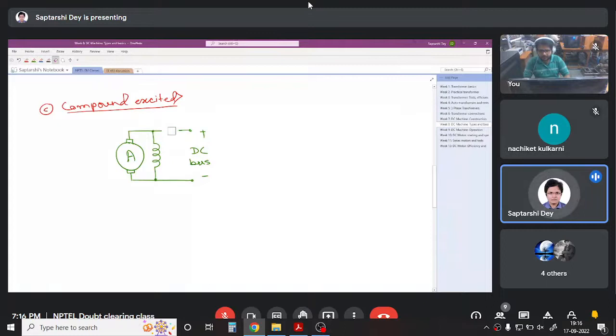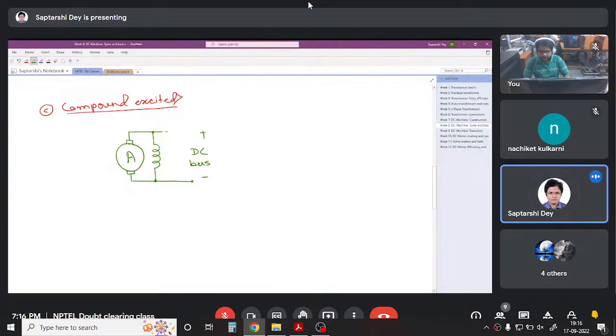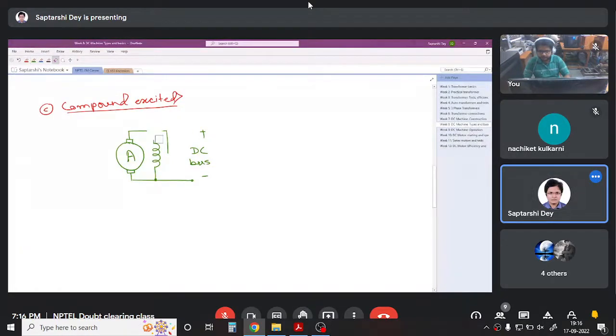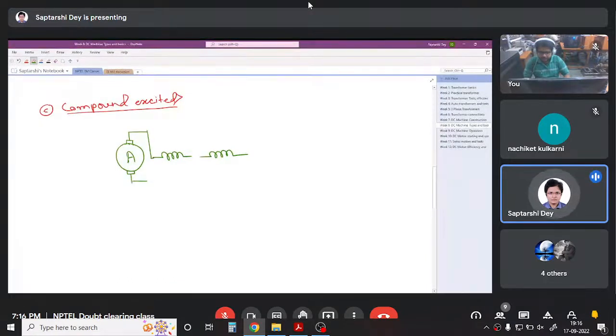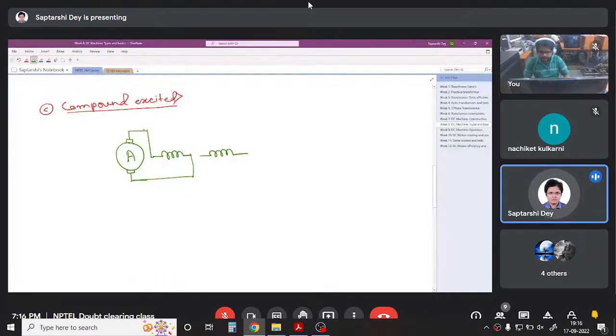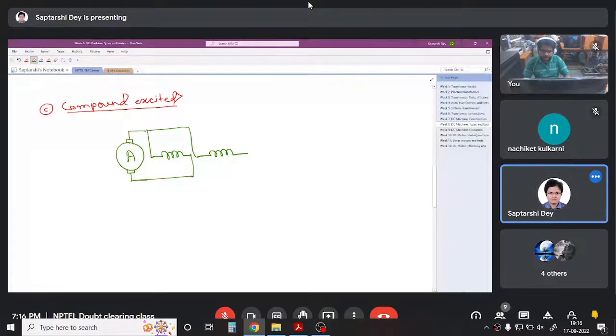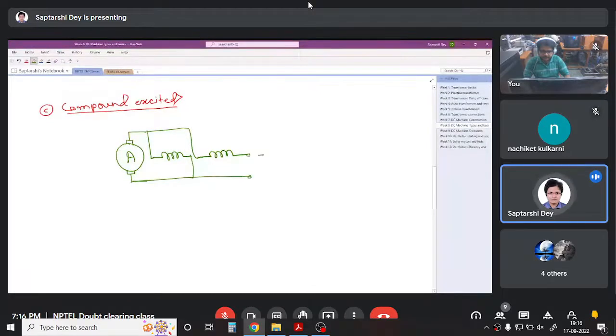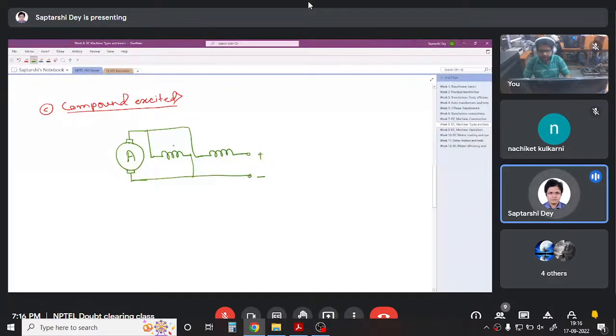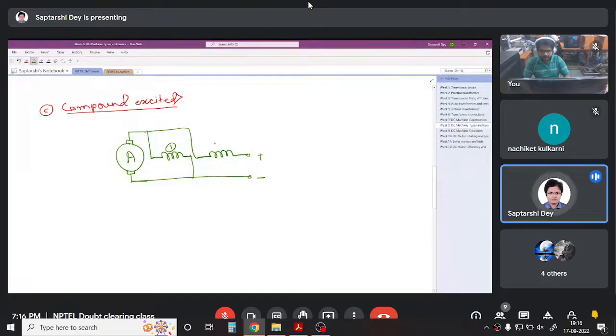What I told you is that we conventionally draw it. Okay, let me draw it. So two windings. The shunt one is here. The series one is here. This is the shunt winding connected like this, field winding, and this is the series winding. This is the DC bus. So this winding 1 is shunt, this winding 2 is series.